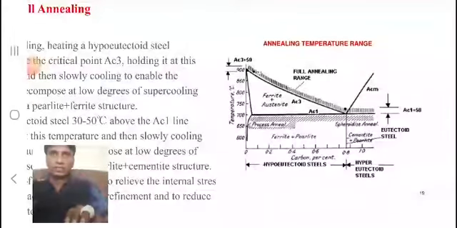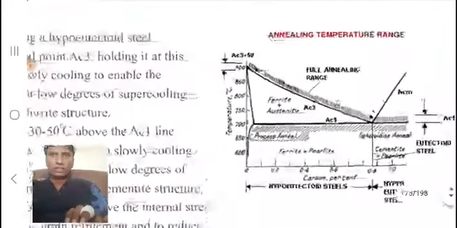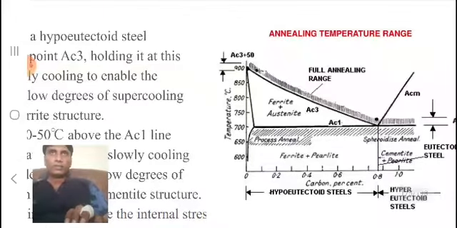We can clearly see the range is mentioned for full annealing. Full annealing is also referred to simply as annealing, and process annealing is also called subcritical annealing, and spheroidized annealing is indicated as the hashed area.